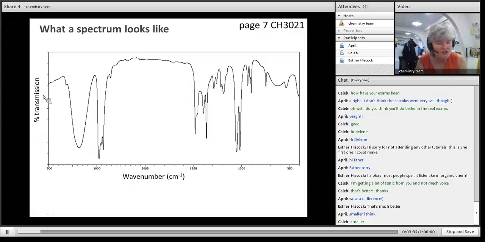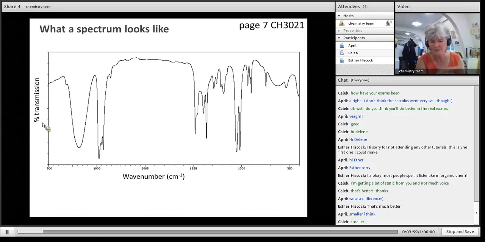Then you can measure how much the infrared has been absorbed, or you can measure the amount of infrared that has gone through the sample, that's been transmitted. And you'll only get the transmission here. I'm only mentioning that you can get absorption, because if you carry on with chemistry, you do this again in first year and you may be given absorption spectra.